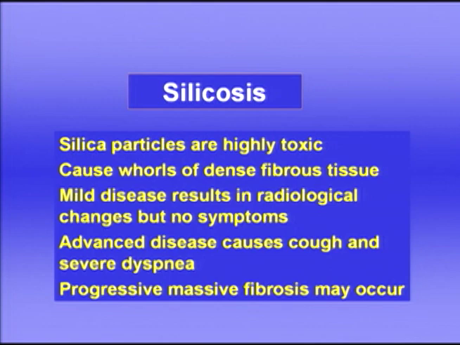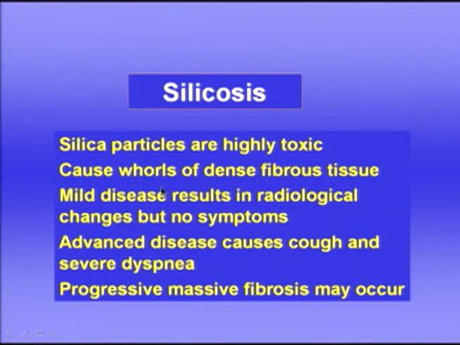Silica, unlike coal dust, provokes an intense pathological reaction in the lung, a big fibrous reaction, whereas coal dust is relatively inert. Silica is very toxic. And so the silica particles are highly toxic. In fact, if the silica particles are picked up by macrophages, which they are, often they kill the macrophages because the material is so toxic.